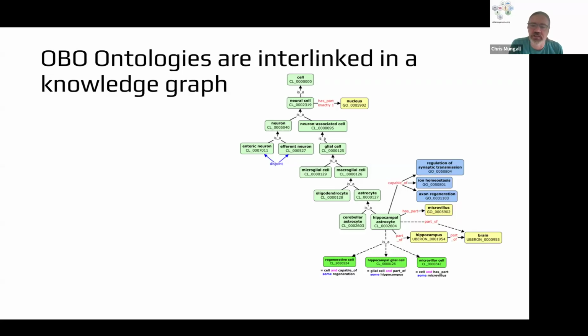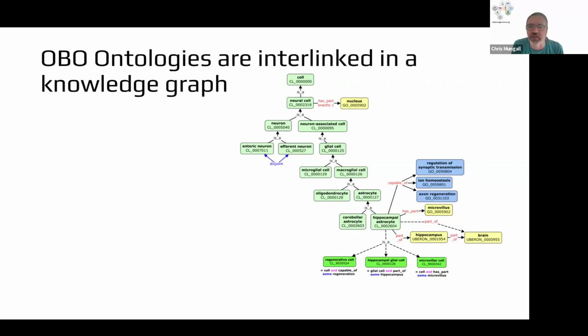We're also effectively annotating cell types in the cell ontology using GO terms as well, although they're not actually captured as separate annotations. They're captured directly as edges within the ontology. So you can navigate from a term in the cell ontology like hippocampal astrocyte to things like ion homeostasis that describe either its function or some of the processes that that cell type is involved in.